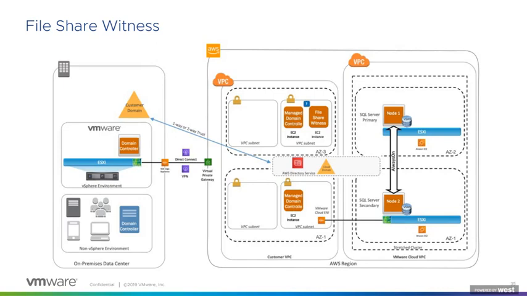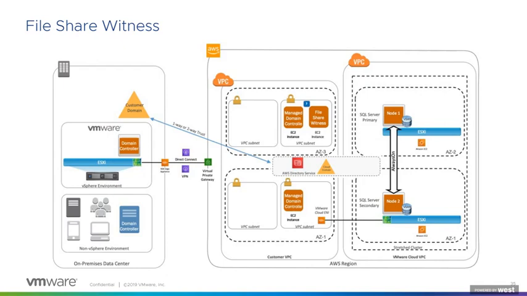In the example on the slide, number 7, I've set up a file share witness on the AWS side in a third availability zone, not AZ1 or AZ2, but AZ3, so that if there's a failure in AZ1 or AZ2, it doesn't take down the file share witness, and it can provide quorum, identify that a particular node or availability zone is offline, and initiate failover to the availability zone and node that remains online.